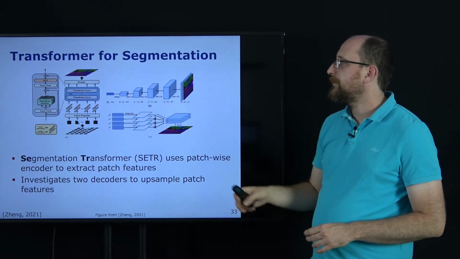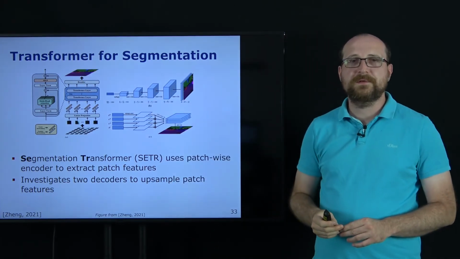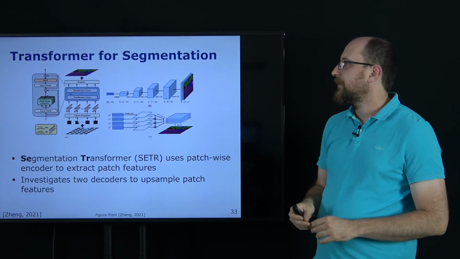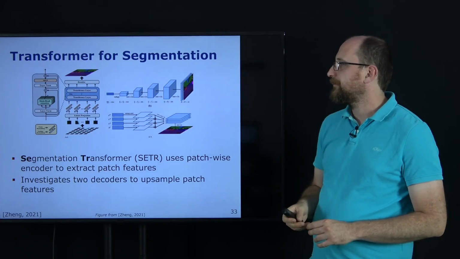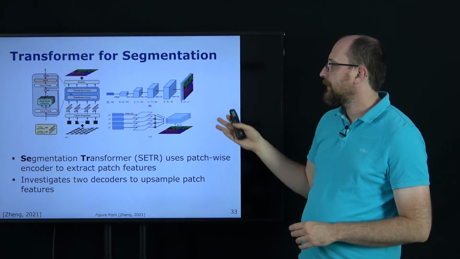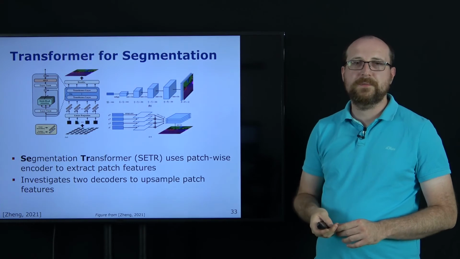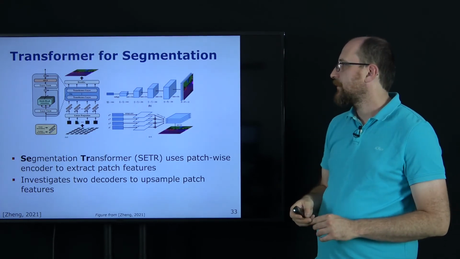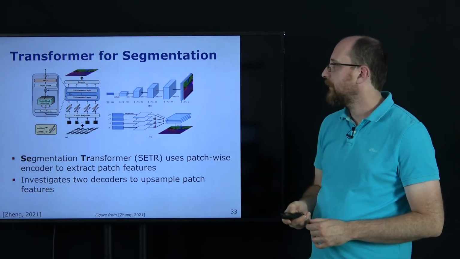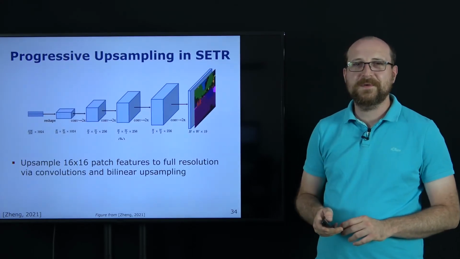And then comes the decoder part that produces the pixel-wise class distribution that we are interested in. For the pixel-wise class distribution, the authors propose two different ways, which are pretty standard when you remember this from the segmentation lecture.